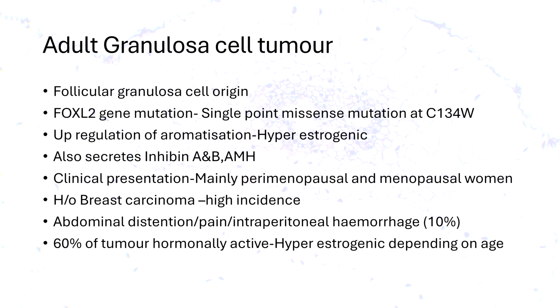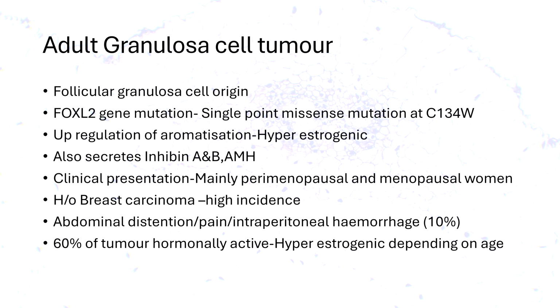In granulosa cell tumor of adult type, the mutation results in inhibiting this steroidogenic factor 1, which results in upregulation of the aromatization, which results in hyperestrogenism. Granulosa cells, we also know, secrete inhibin A and B as well as AMH.